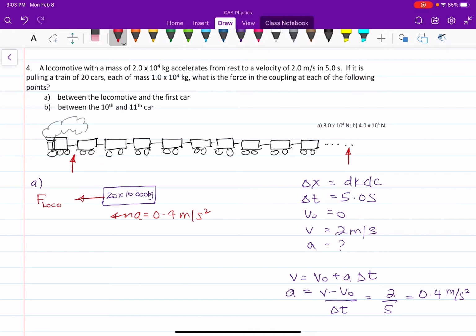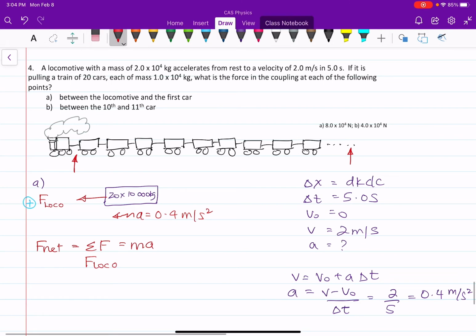Now I have my free body diagram. I'm going to write my Fnet statement. Fnet equals the sum of the forces, which equals ma. So the sum of the forces in this case is the loco force, F of the locomotive. I'm going to call this direction positive. I just happen to draw the train traveling that way, so I'm going to draw the direction the train travels as the positive direction.